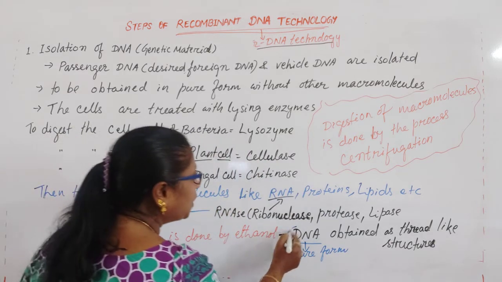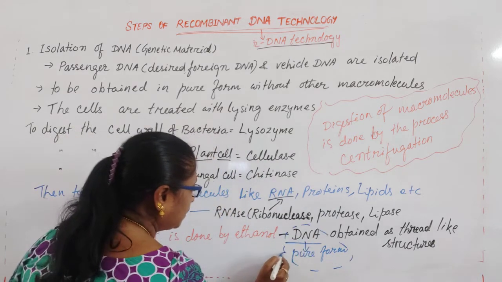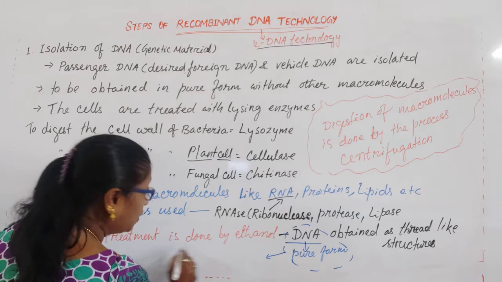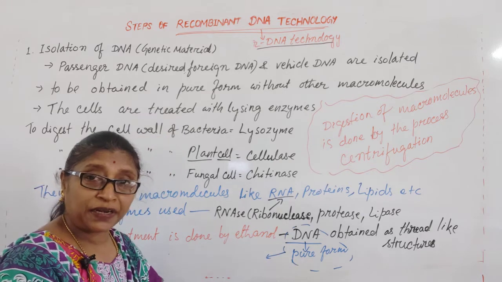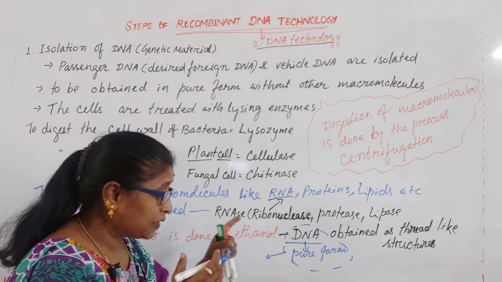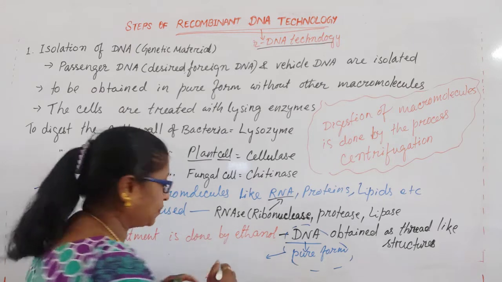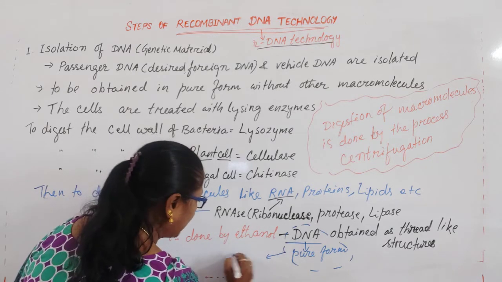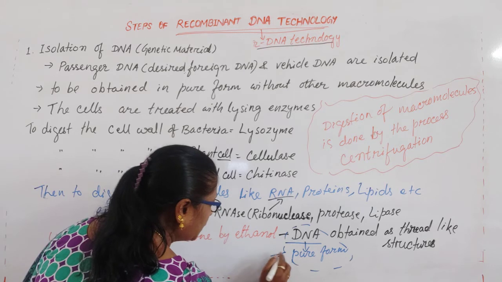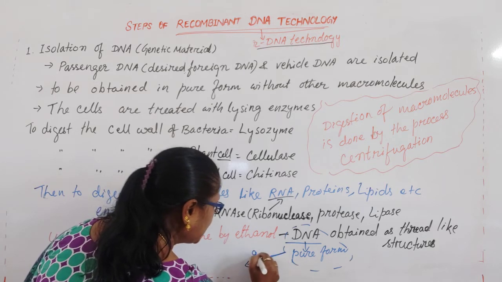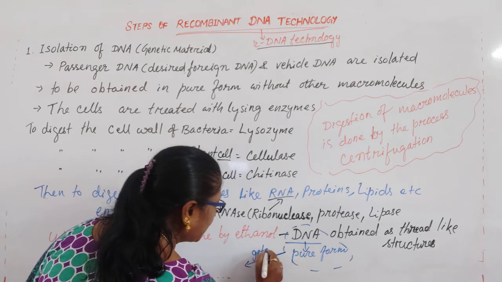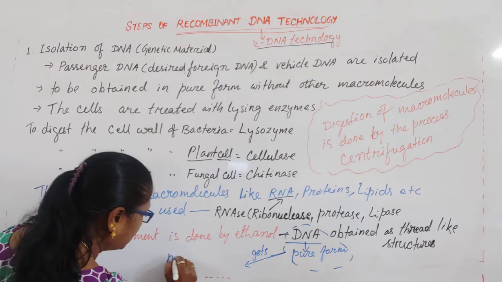And now the pure form DNA can be taken out. How is it obtained? They become the precipitate. The pure DNA gets precipitated.